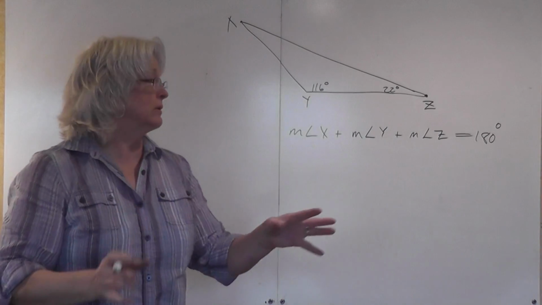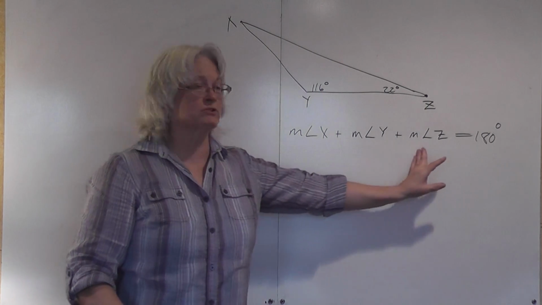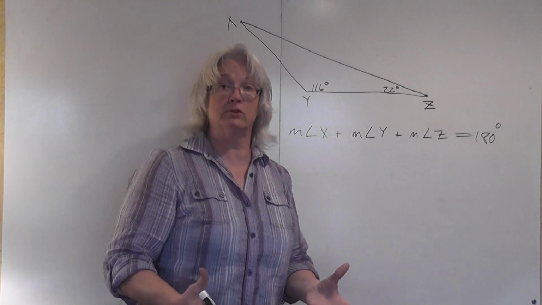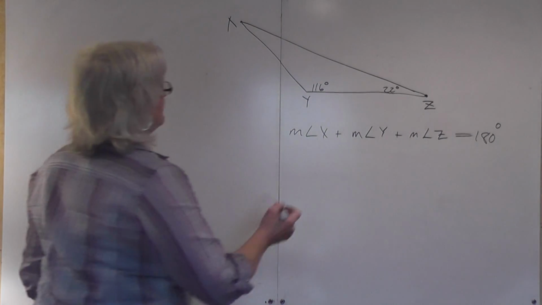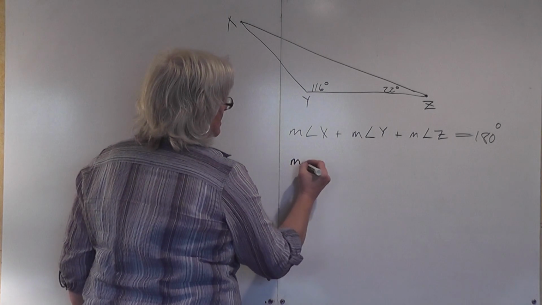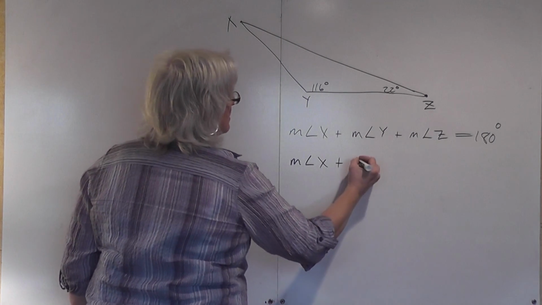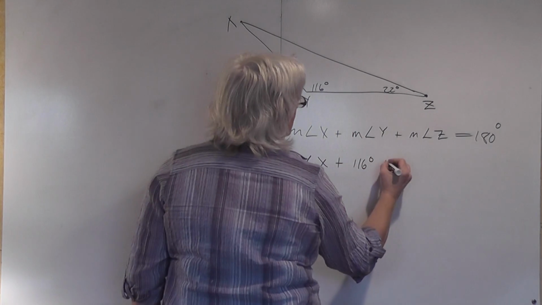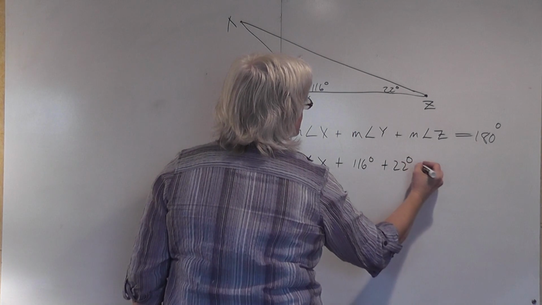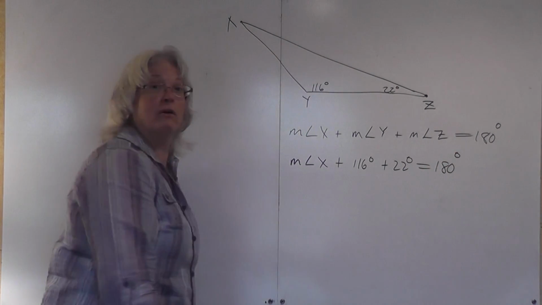When you have a triangle, the sum of the measures of their angles is always equal to 180 degrees. We want to find out what the measure of angle x is. Measure of angle x plus 116 degrees for angle y plus 22 degrees for angle z is equal to 180 degrees.